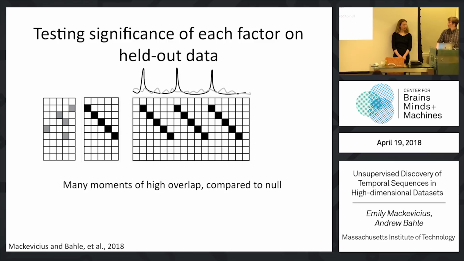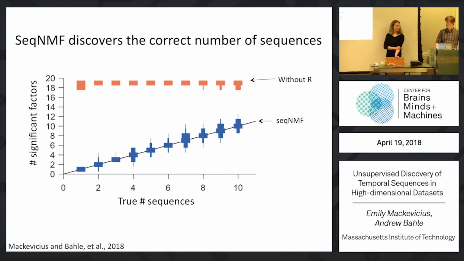You could imagine sliding your pattern across the data and looking at its correlation with the data at many different times. And then you could make a null factor by taking each of the rows and shifting by some random amount. You could do that many times and look at the correlation with the data, and you'll get some other distribution of correlations. We used a method like this to test which factors in our factorization were significant.